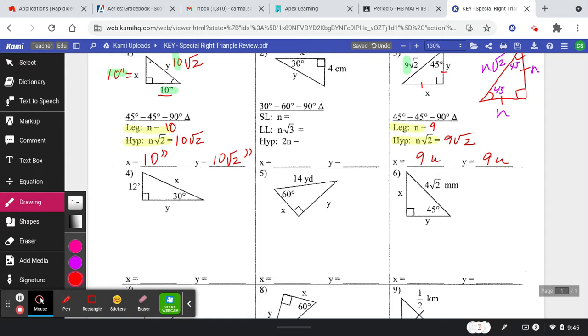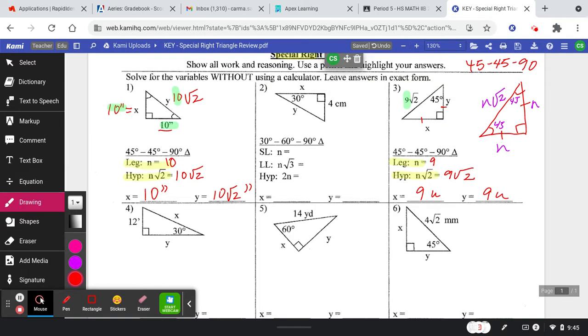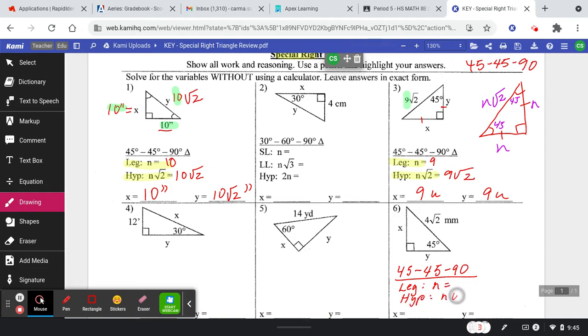I'm going to now jump to number 6, another 45, 45, 90. Notice that now they're asking you to show all the work. So here we go, identifying this as a 45, 45, 90 triangle. We're going to first identify the leg, and then we're going to identify the hypotenuse, and then we'll answer our x and y. So the rule is that the leg is side length n, and the hypotenuse is n root 2.